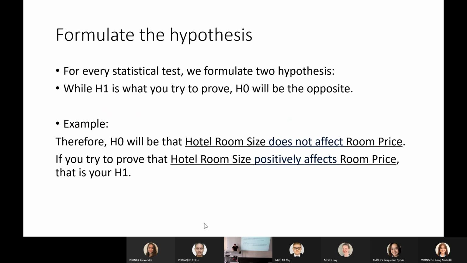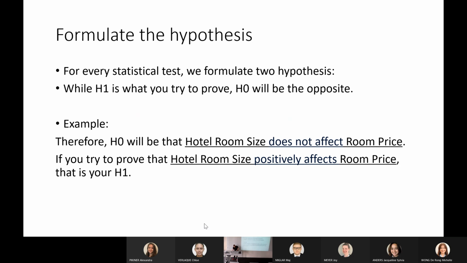Okay, so first of all, we have to formulate the hypotheses. For every statistical test, we have to formulate two hypotheses. Hypothesis 0 will always be the base one, so as it is now. Now we perceive that the hotel room size does not affect room price, because we don't know anything.